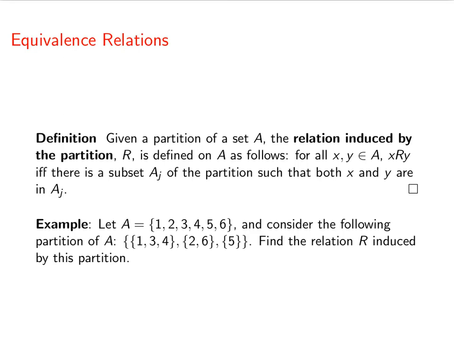All right, let's take this as an example. I've got a set A, it's got 1, 2, 3, 4, 5, 6, and I'm going to give you this partition of A. So this is a collection of subsets of A. Each subset is non-empty, the union is A, and these things are mutually disjoint. Let's find the relation that's induced by this partition.